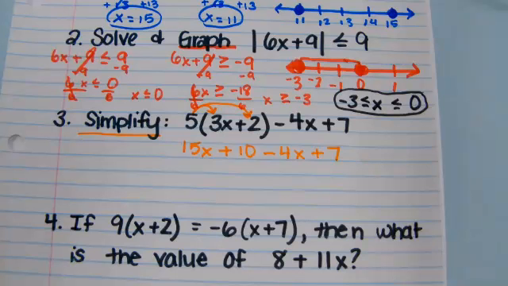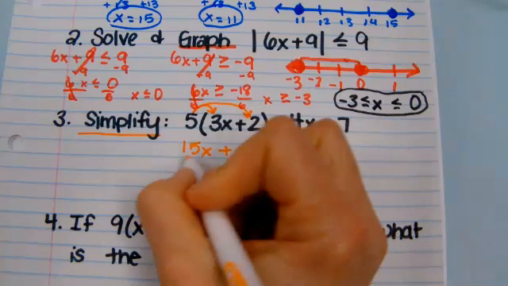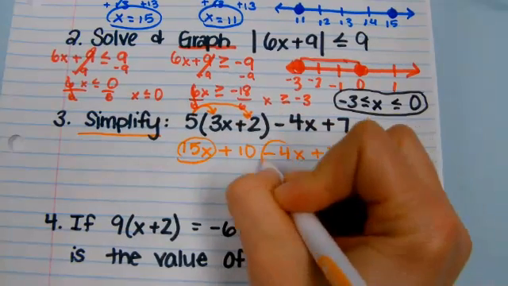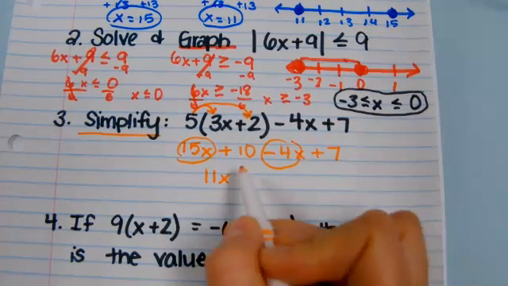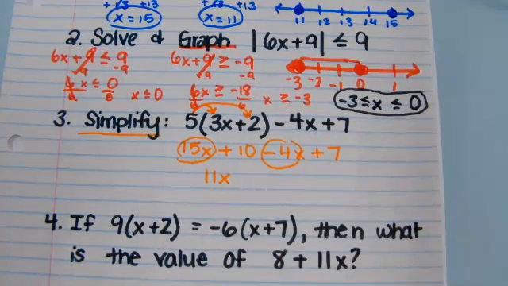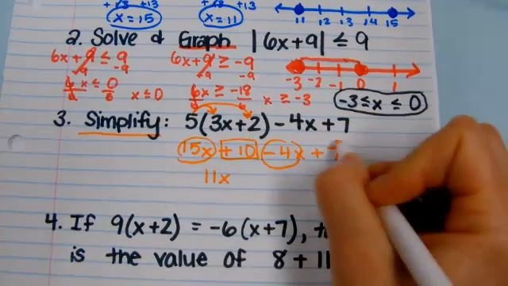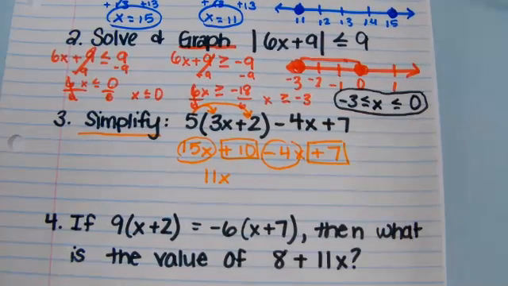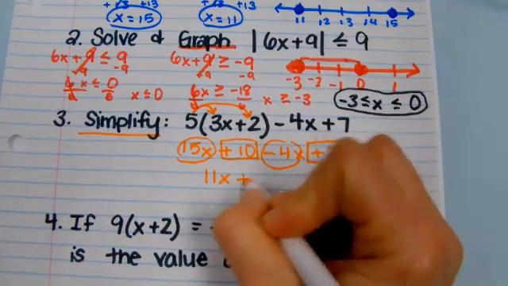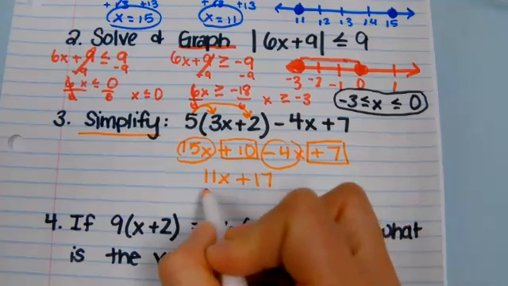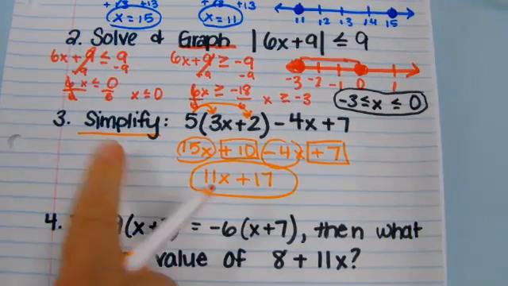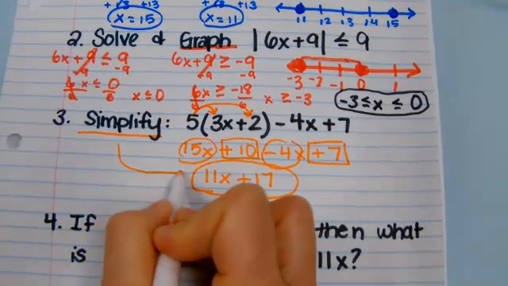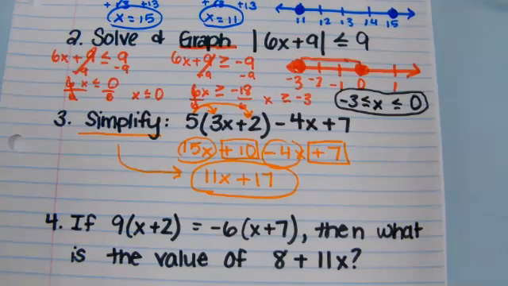What can go together? 15x and negative 4x can go together to give me 11x. Can 10 and 7 go together? Yes. Positive 10 and positive 7 give positive 17. This is the answer we're looking for. Because it says simplify, it just means make it as short as you can get it.